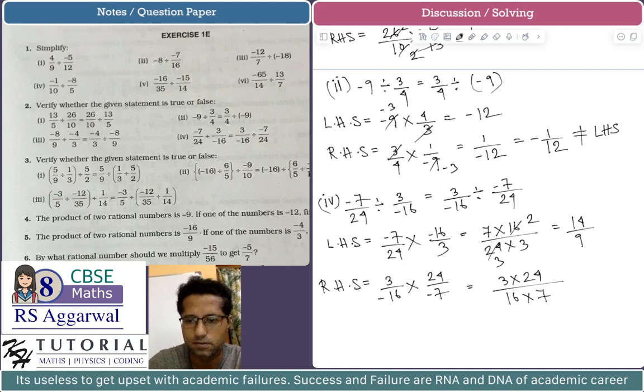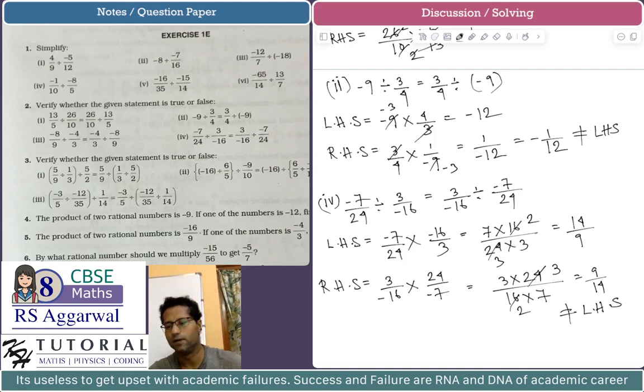Now divide by 8, we get 3 and 2, so this is 9 by 14, not equal to LHS. So this way you have to evaluate both the sides, LHS and RHS, and then compare the values of the LHS and RHS. Okay.